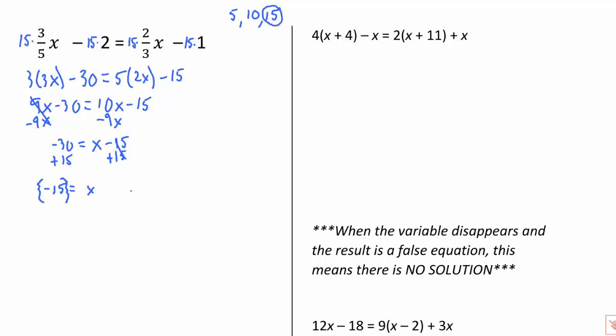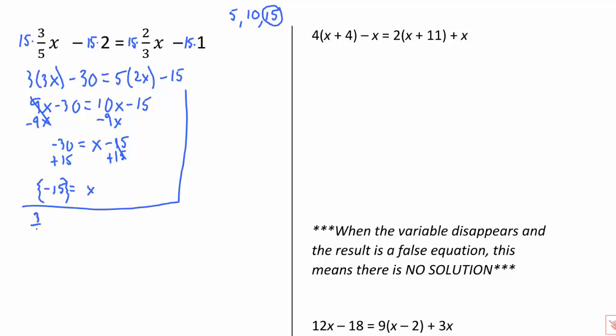Okay. Now, we do need to check this. Okay, so I'm actually going to put this in a box here. So we have 3/5 x minus 2 is equal to 2/3 x minus 1.